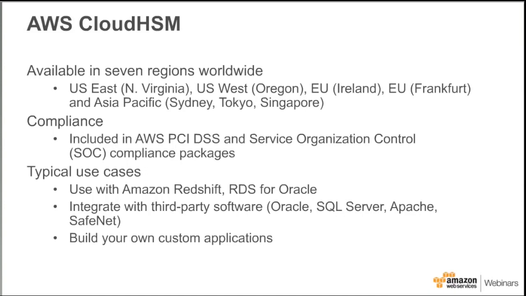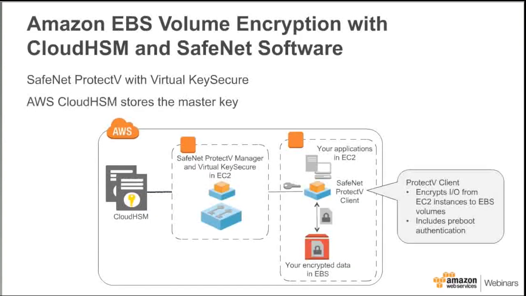So how do people use CloudHSM? Well, it tends to be used for applications that you're managing yourself, or in some cases, there are a couple AWS services that provide an interface into CloudHSM. I'll talk a little bit about how this works. The next slide, you'll see that the link between a CloudHSM device and, in this case, encrypted data inside an EBS volume requires the use of some third-party client software in between, and specifically SafeNet.